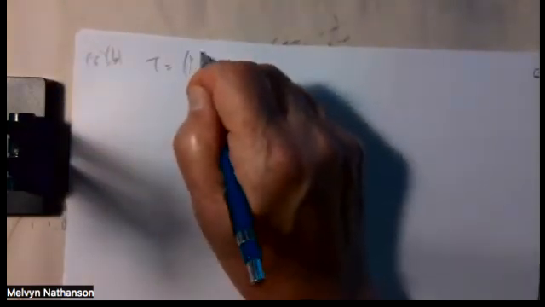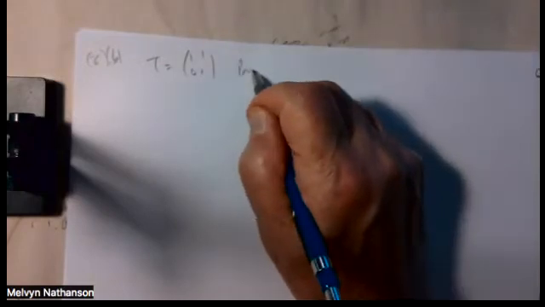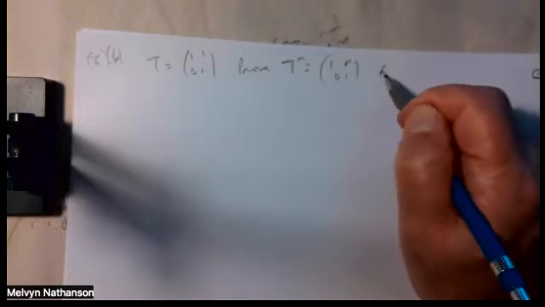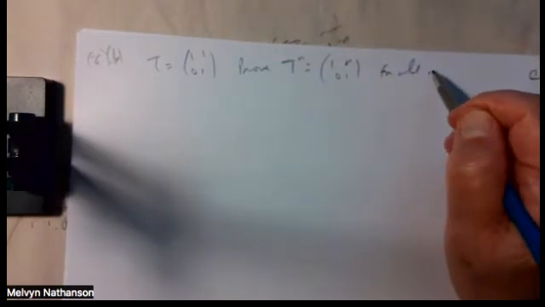All right. Problem 6B. T is 1, 1, 0, 1. Prove T to the n is 1, n, 0, 1 for all integers n greater than or equal to 0.